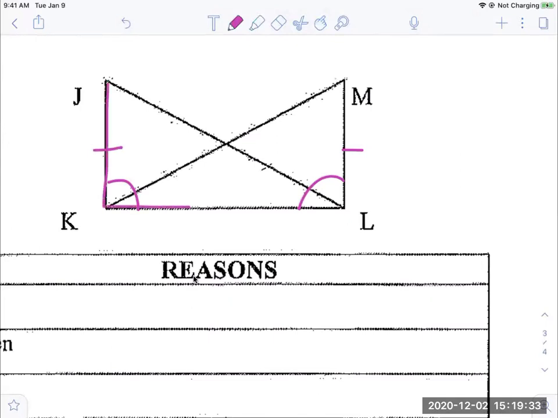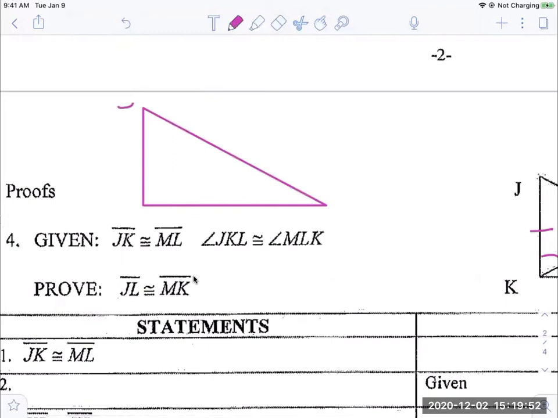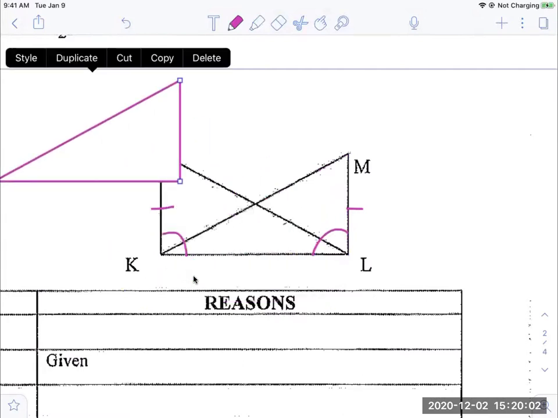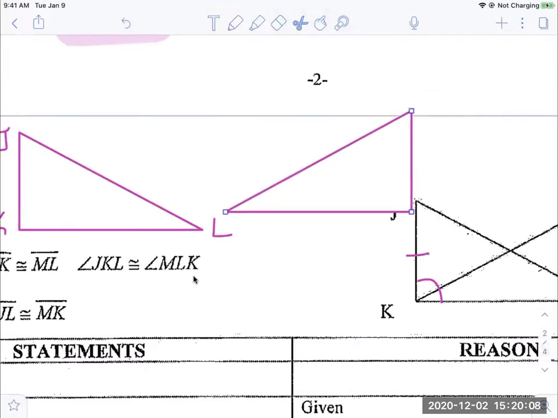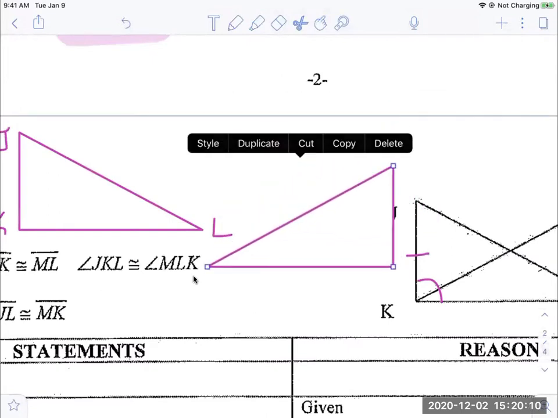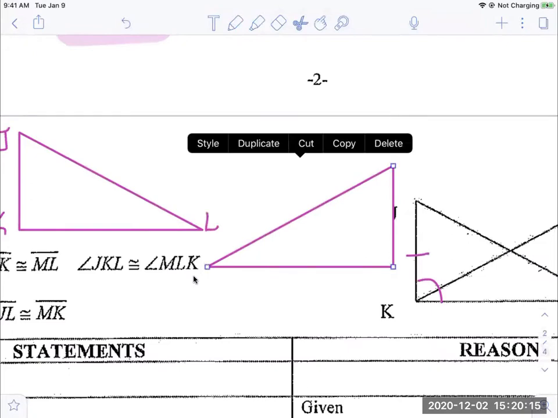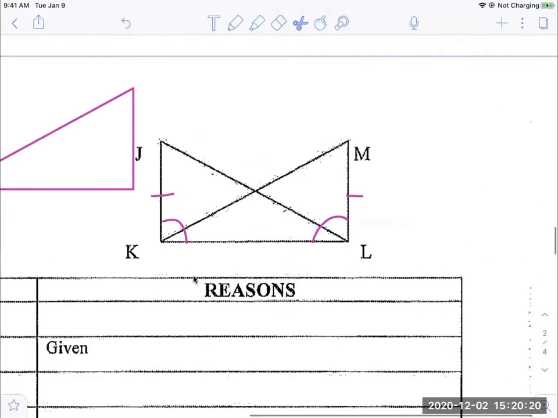So I'm going to redraw this triangle. I'm going to move it up here actually. This is JKL. And then this triangle is MLK.